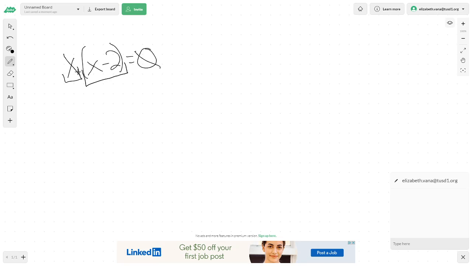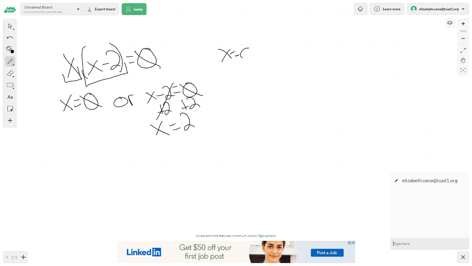So we can set these into two different equations because we know either x has to be 0 or x minus 2 equals 0. We don't have to do anything to solve this part. That's already done for us. Add 2 to both sides over here, and I get x equals 2.